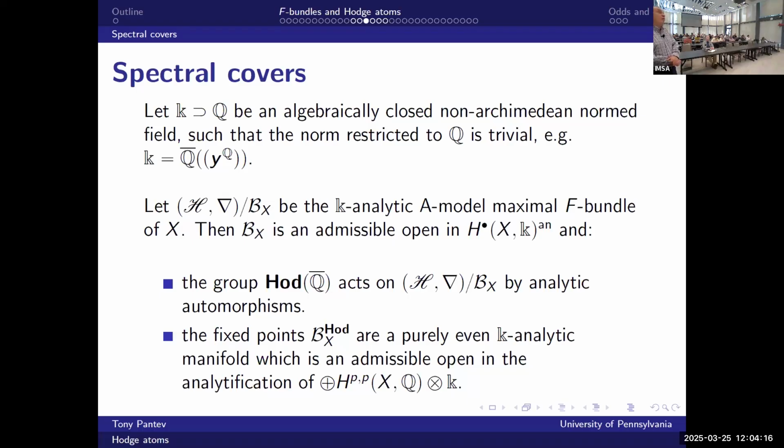Now the Q bar points of this Mumford-Tate group of Z2 graded Hodge structures act on this picture by analytic automorphisms. And the fixed points are some purely even K-analytic closed submanifold. So this is what we get by intersecting with the lowest Hodge piece. It's an admissible open inside the locus.